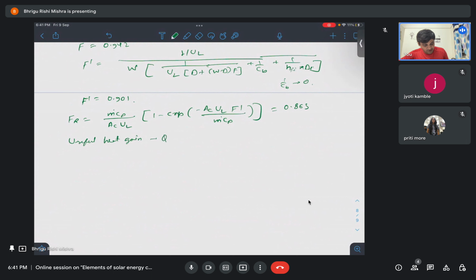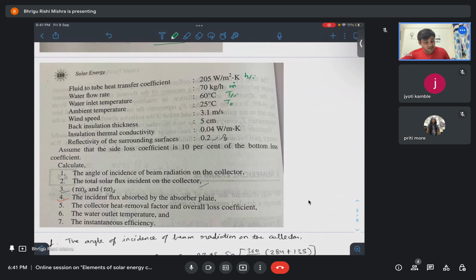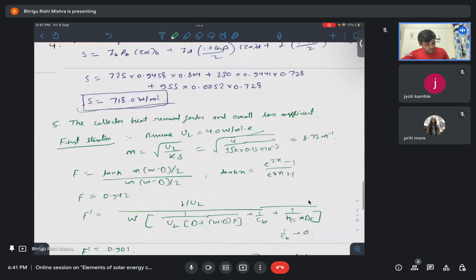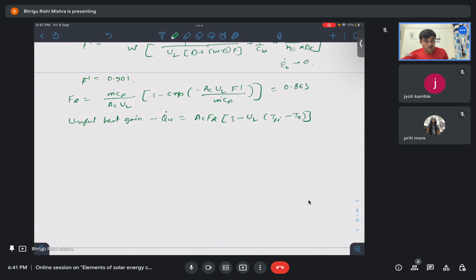Tfi is the inlet fluid temperature, which is given here, and ambient temperature Ta is given. So in this way we can calculate all the values. We have FR, S, UL, Tfi. So Qu dot turns out to be 977.7 watt.